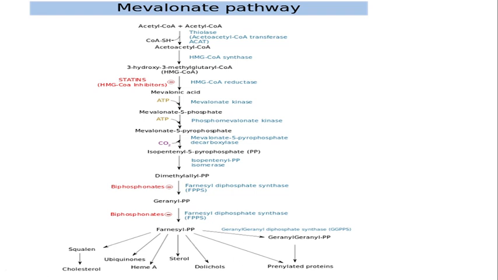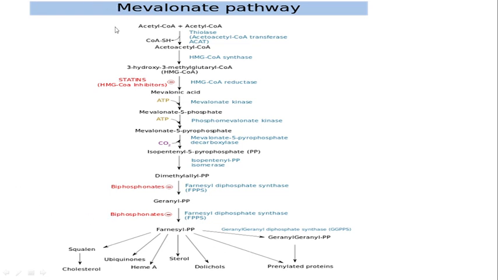So this farnesyl pyrophosphate produces terpenes, steroids, all these are produced from farnesyl pyrophosphate. Carotenoids and gibberellins, they are also produced from farnesyl pyrophosphate.